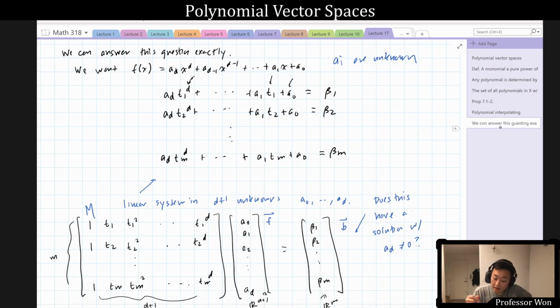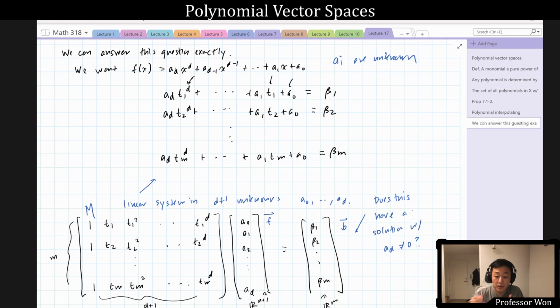Okay, now this matrix here has a really special form, right? Each row is 1, a number, the number squared, the number cubed, up to the number raised to the dth power. You can also think of it as the number to the 0th power, the number squared, etc. Matrices like this are called Vandermonde matrices and are extremely important and pop up all over the place.